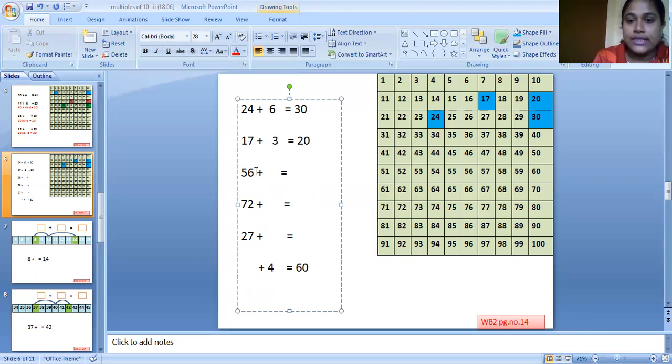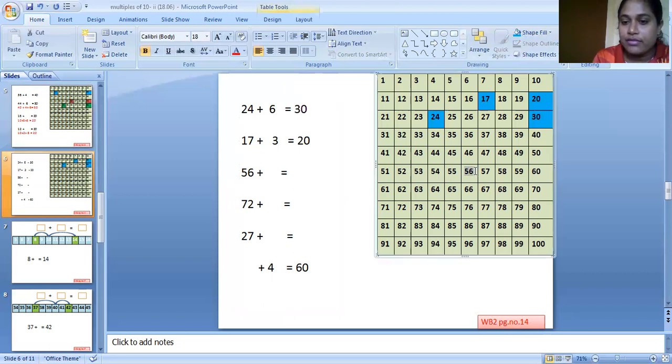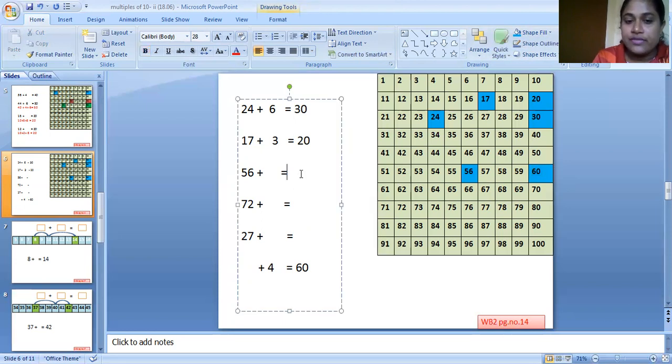Next number, it is 56. Let's mark 56 and find the next complement of 10. Here in this line, next complement of 10 is 60. So we'll mark 60 and find the gap. 1, 2, 3, 4. Here first we should write 60 here, the next complement of 10, and next we can count and write the gap in between these two numbers.